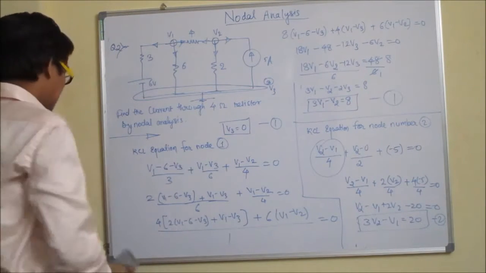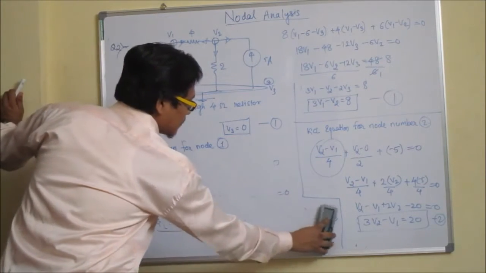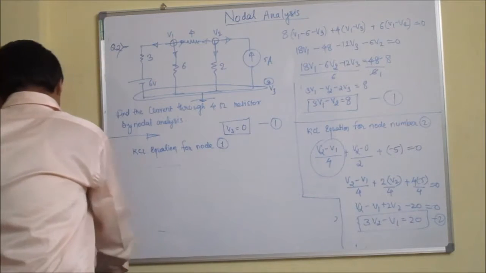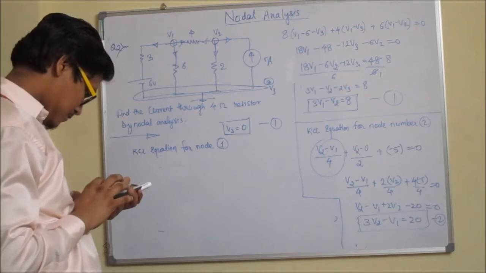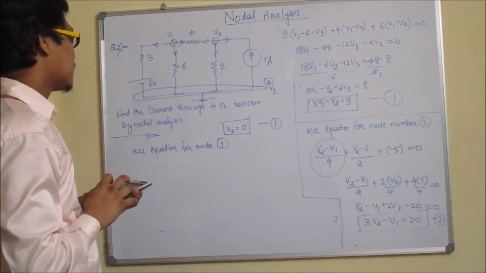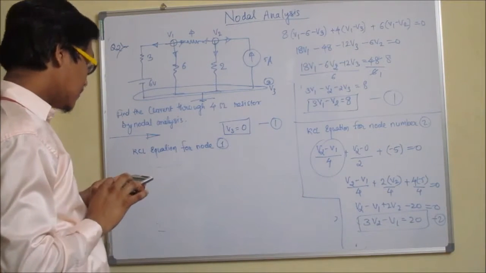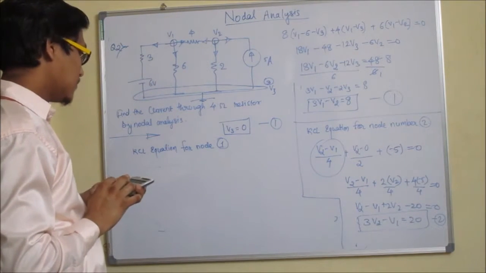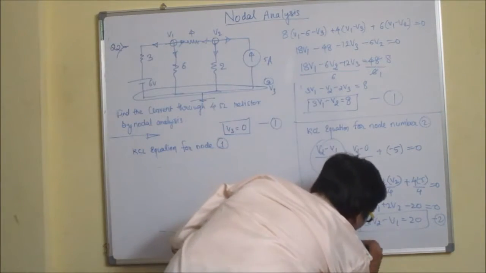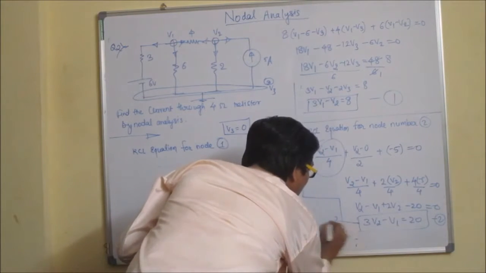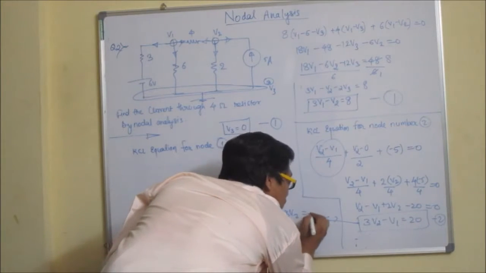And just having this, I can write this as minus V1 plus 3V2 is equal to 20.